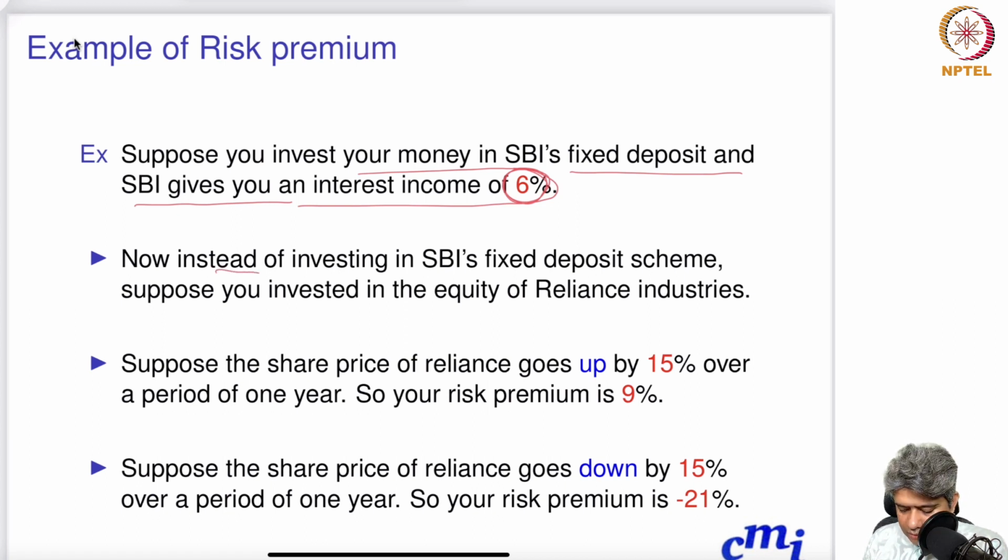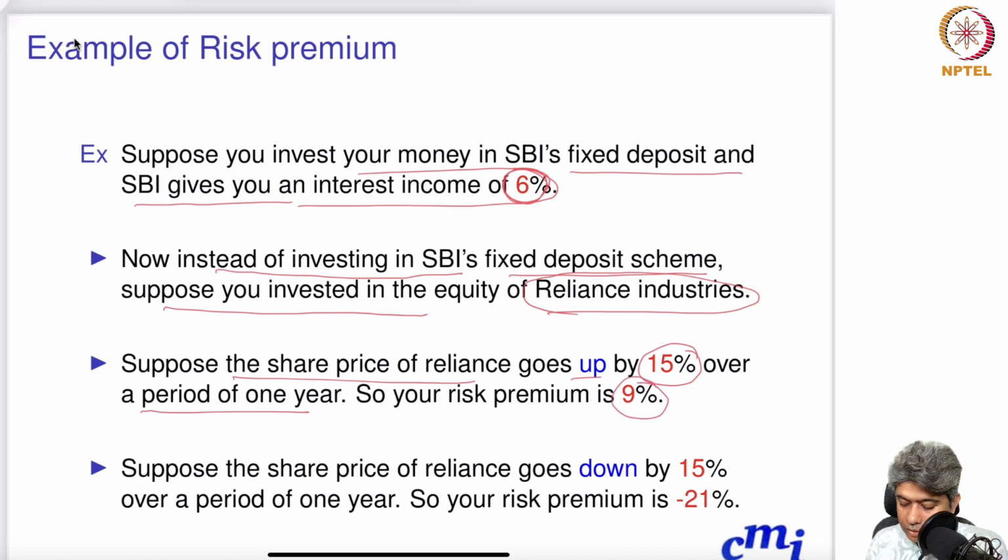Now instead of investing in SBI's fixed deposit scheme, suppose you invest in the equity of Reliance Industries. Suppose the share price of Reliance goes up by 15% over a period of 1 year. So the risk premium is 9%, because 15% minus 6% is 9%.